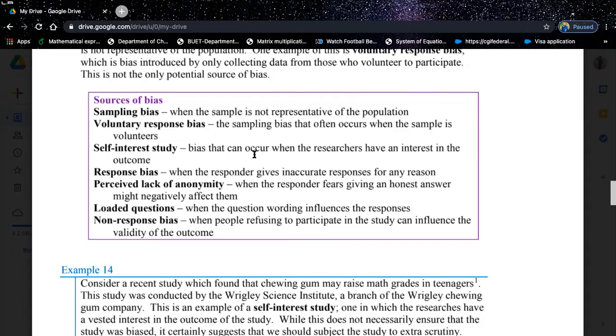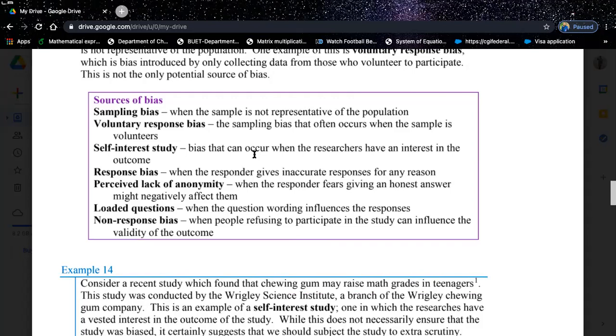Okay, so the first one could be when the sampling itself is biased. That means when the sample you have chosen for your survey doesn't represent the entire population. What could be an example of it?